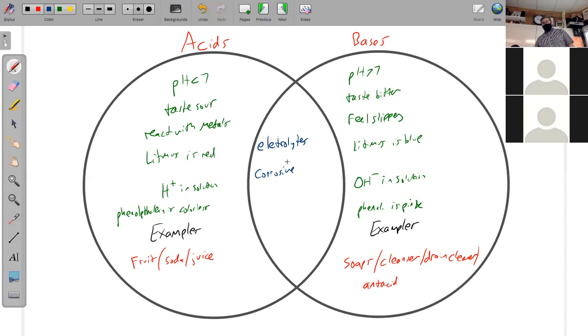And the other thing that they have in common is that acids and bases react together to always form water and a salt. In other words, it takes both an acid and a base to make an acid-base reaction take place in which salts are made.